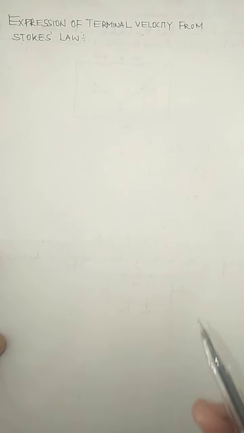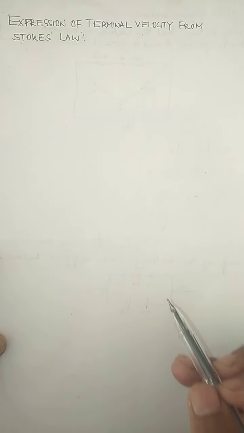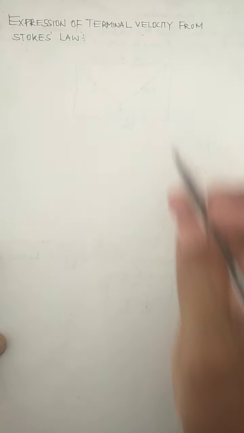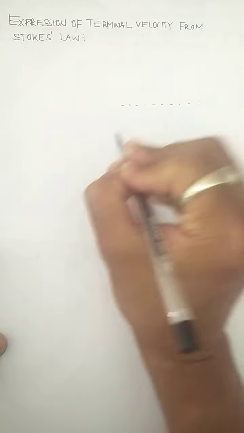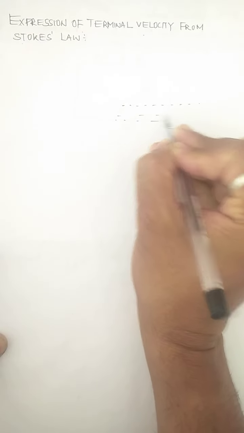From what law? Stokes Law. Now, to derive the expression for terminal velocity, I take a liquid. Suppose there is a liquid out here, I am just drawing it this way.